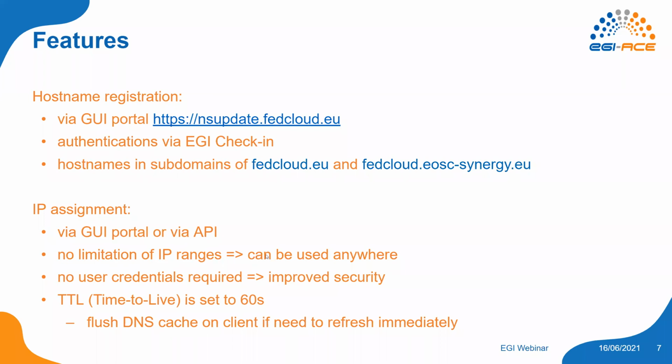You can also use private IP addresses in your local network, or a local server before you move it to the cloud. The IP assignment does not require any credential, so it's safe to use in the cloud because you do not store any private token or certificate in the VM in the cloud.